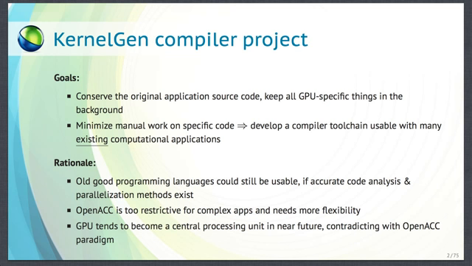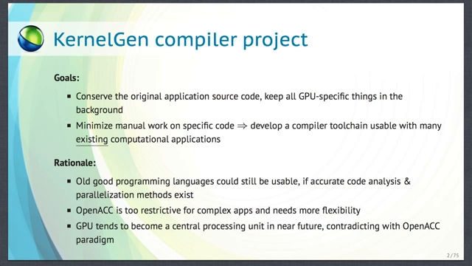One of the most famous technologies of this kind is currently OpenACC. OpenACC stands for a set of directives or annotations to existing high-level programming languages like C and Fortran.